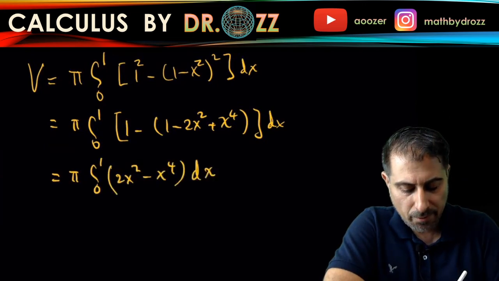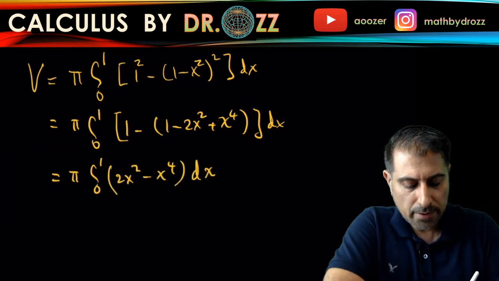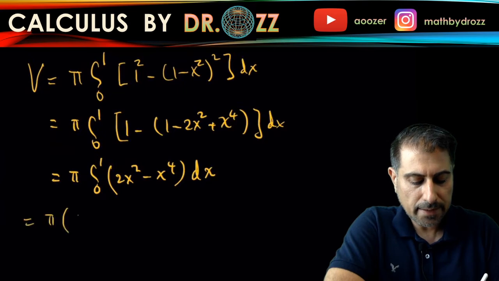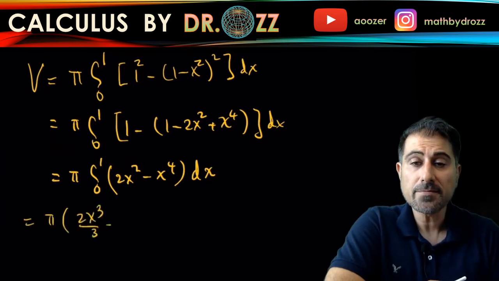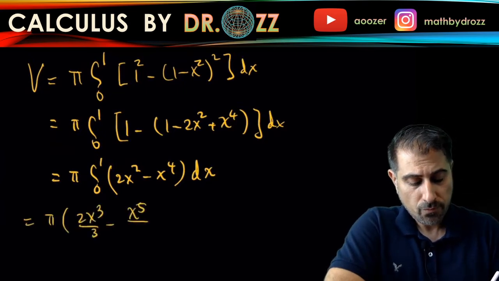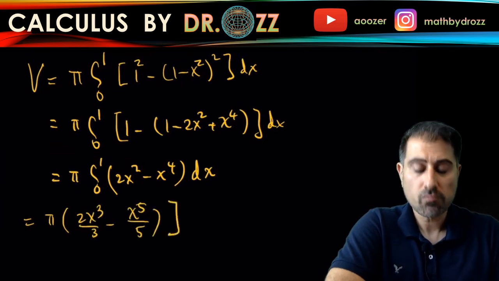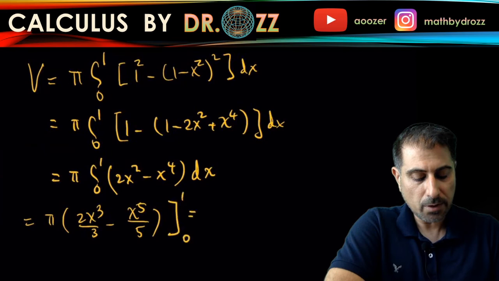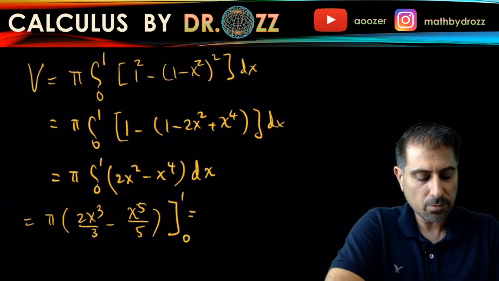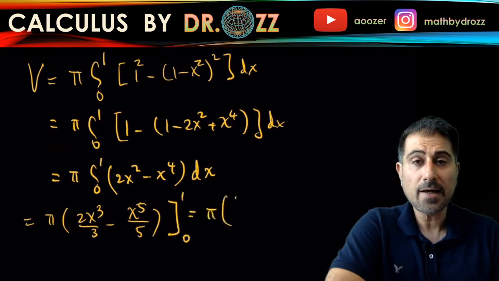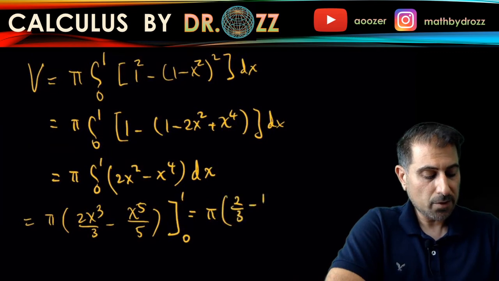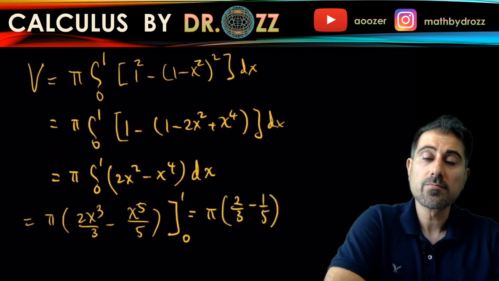Let's integrate everything in one shot: 2x cubed over 3 minus x to the 5th divided by 5, from 0 to 1. Let's plug in the upper limit: pi times (2 over 3 minus 1 over 5). If you plug in the lower limit, you just get 0.